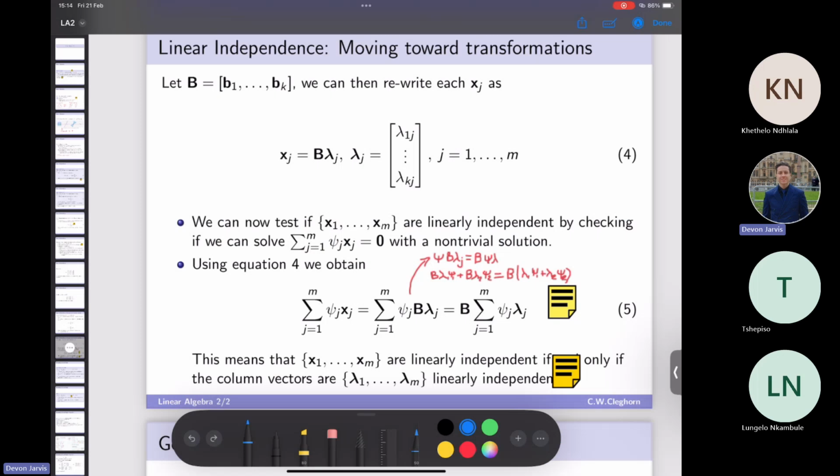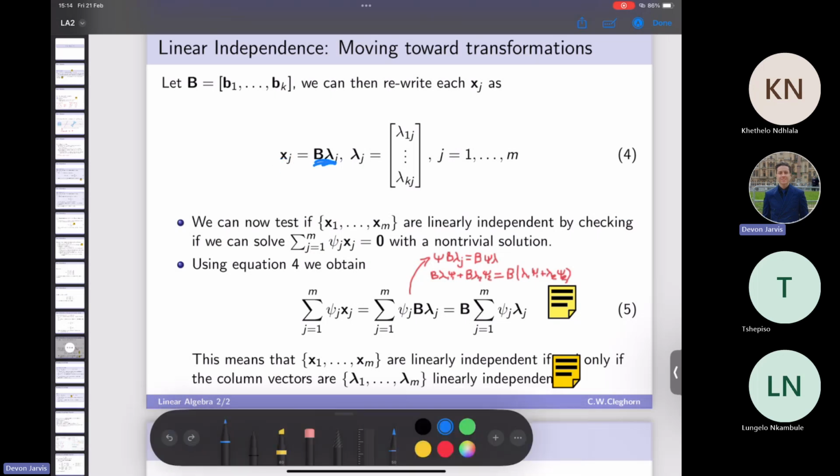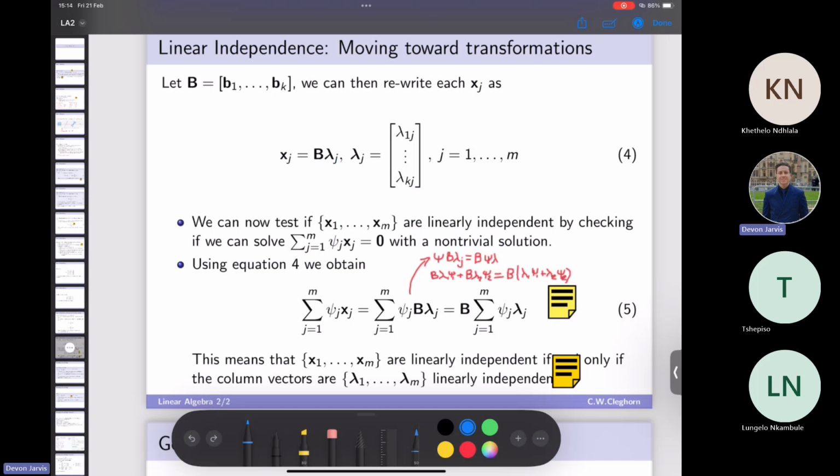And we know that we can rewrite each x as a linear combination of those b's. All right, so that's definition 1. We gave that to you in the problem. And what we're going to say now is that lambda j is just the set of coefficients that we applied to each of the b vectors to get xj.